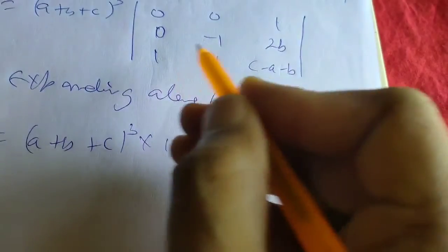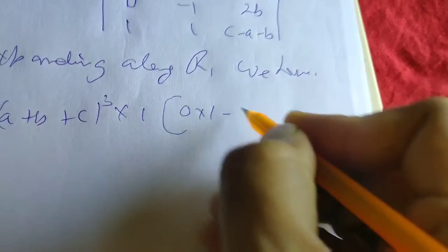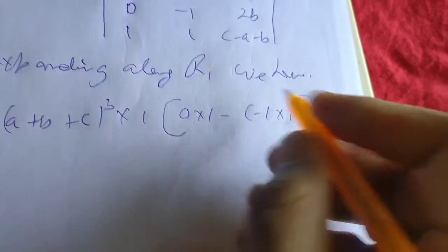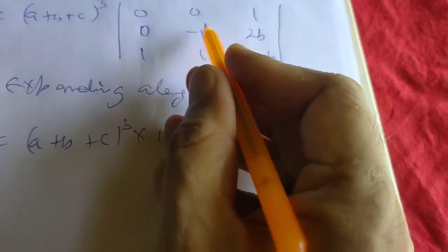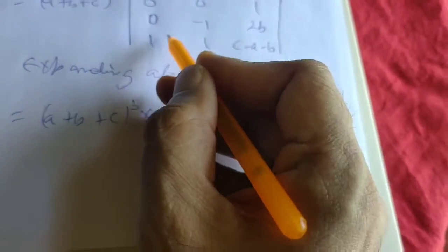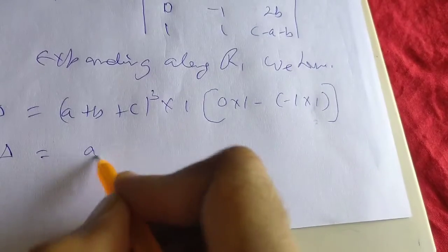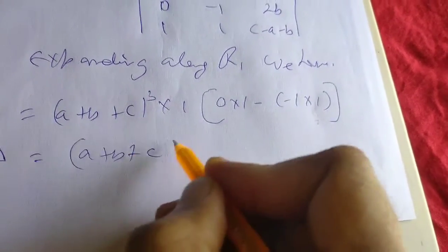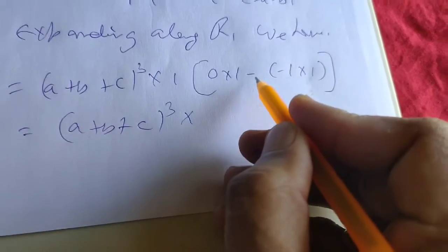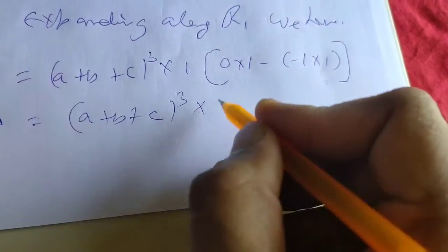So remaining is 0, minus 1, 1 and 1. So what I will get here is 0 into 1 minus 1 into 1. You know how to expand a determinant, multiplying diagonally and then subtracting from that the non-diagonal elements' product. So 0 into 1 minus 1 into minus 1. So what we will be getting here is delta equal to a plus b plus c whole cube into, this is 1, this is 1 into 0, so it is 0, and this is plus 1 into 1 is 1.